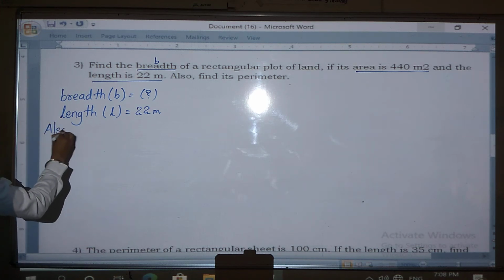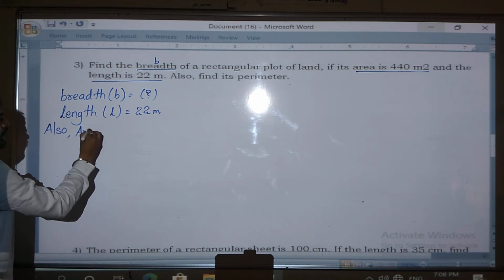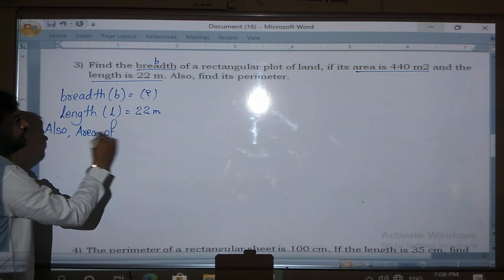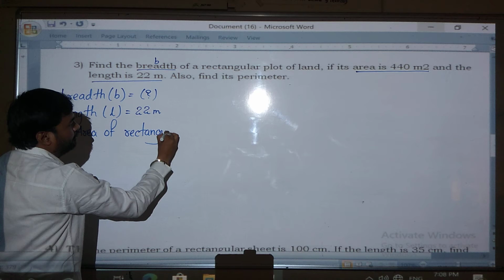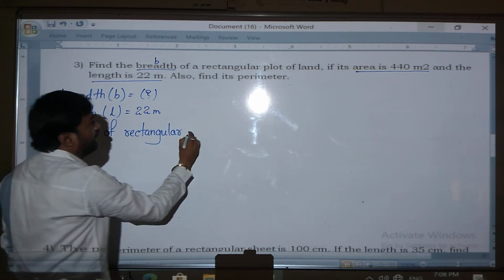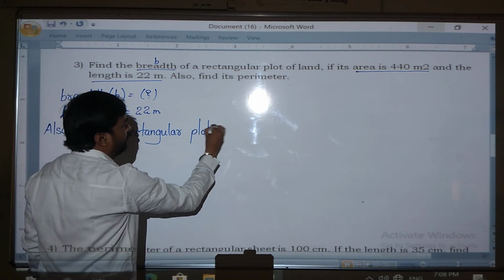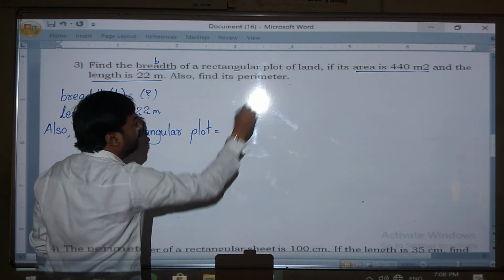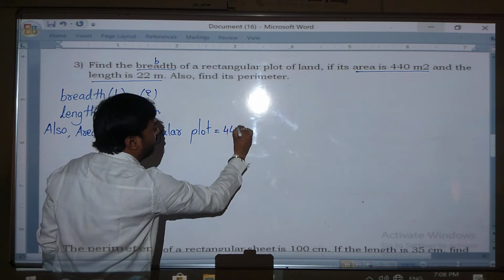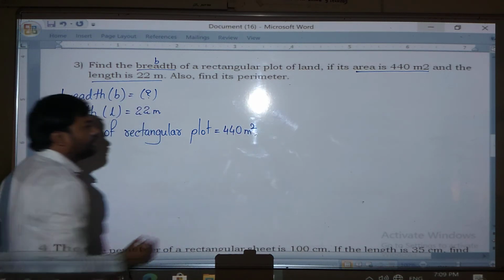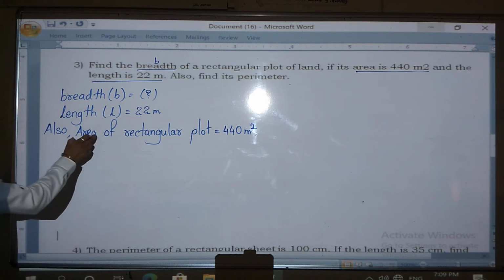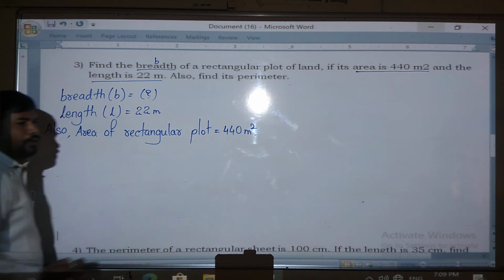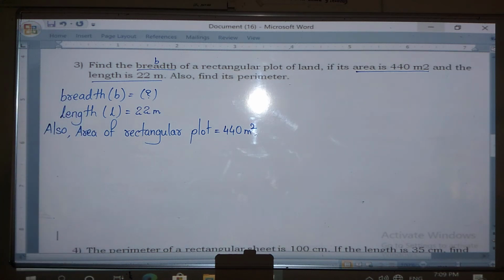Also area of rectangular plot is equal to 440 meter square. But actually what is area of rectangular plot according to our formula?